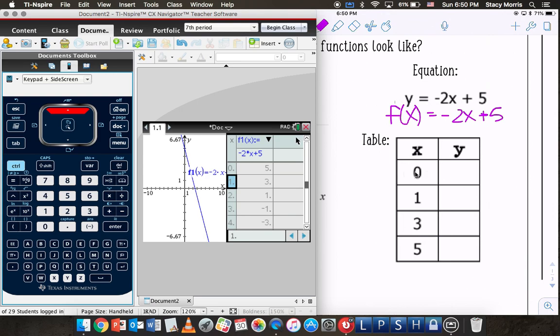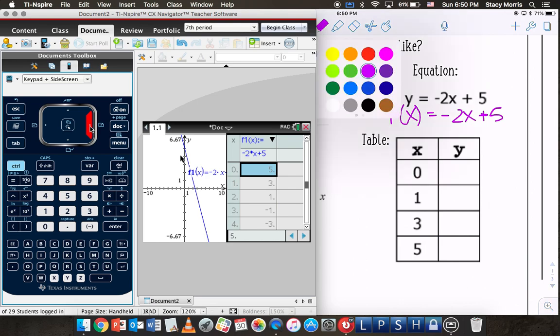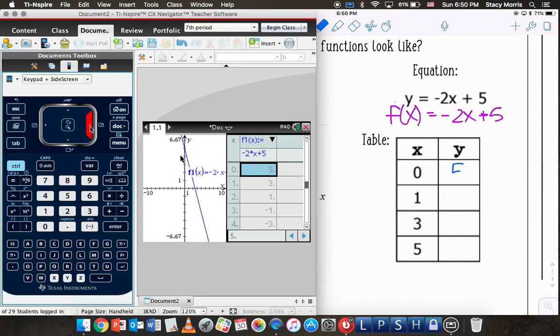So we need 0. So right here on my table, notice when x is 0, y is 5. So I'm going to write that in. So x is 0, y is 5. When x is 1, y is 3. When x is 3, notice I skipped 2 here.